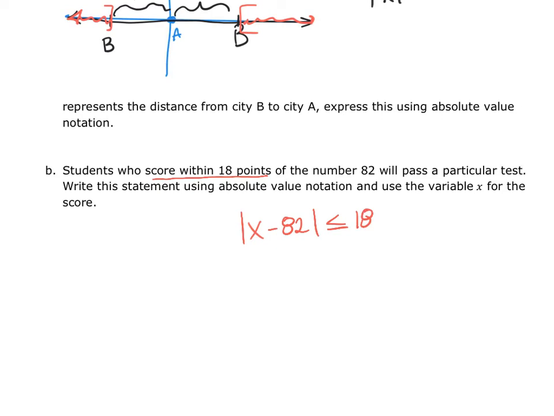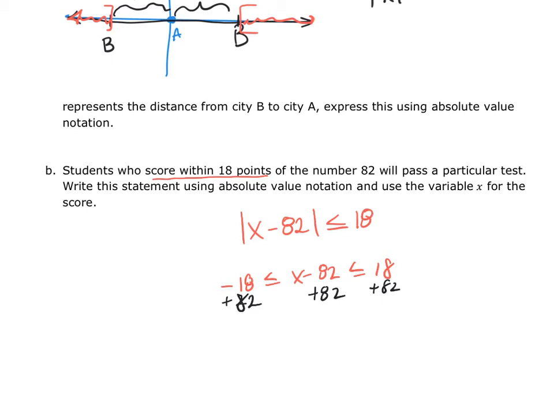So, in other words, if the person scores within 18 points, we're all good to go. So if I were to check this to find out what their scores are, we have negative 18 is less than or equal to x minus 82, which is less than or equal to 18. And then I would just add 82 everywhere. I'm going to get my calculator out because I can't always do this off the top of my head, especially days like today.